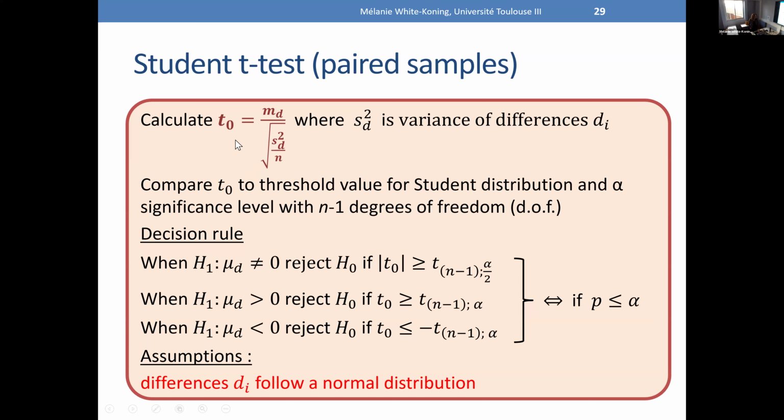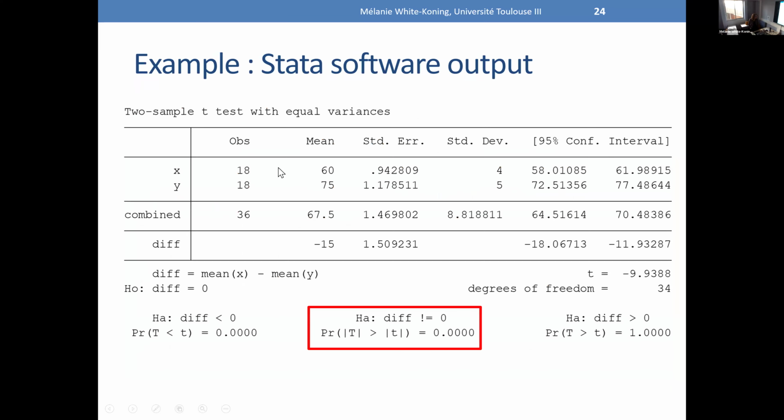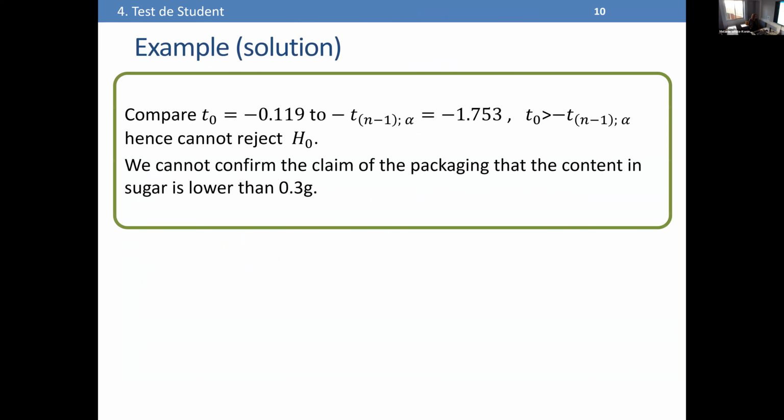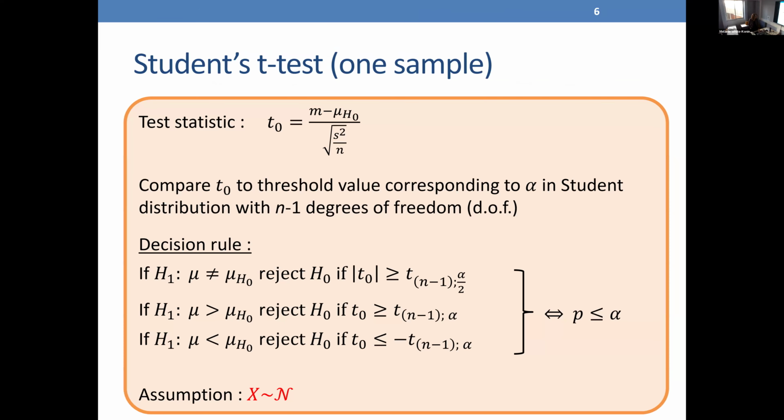So look at this formula, T0 equals mu divided by square root of variance over n. It's the same as that with the reference value equal to 0. You see, it's the same formula: mu d divided by the standard deviation over square root of n.